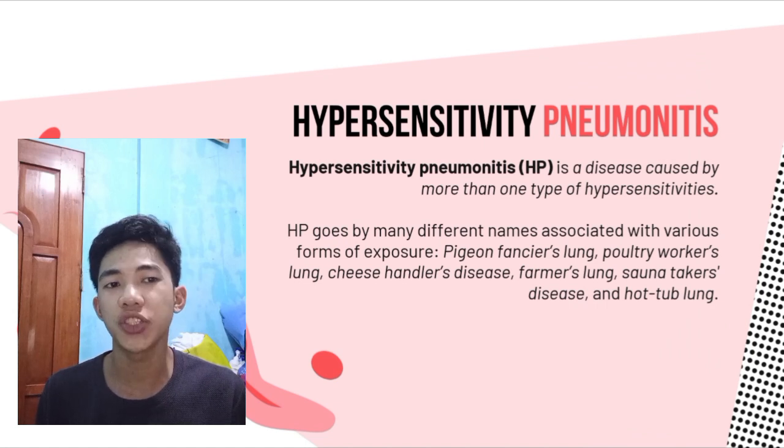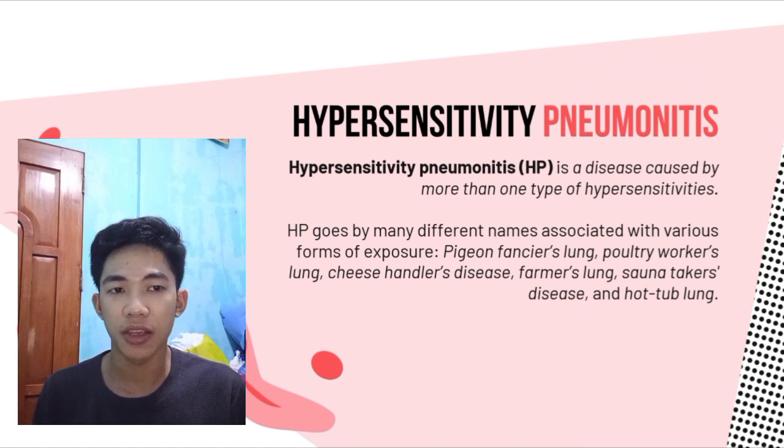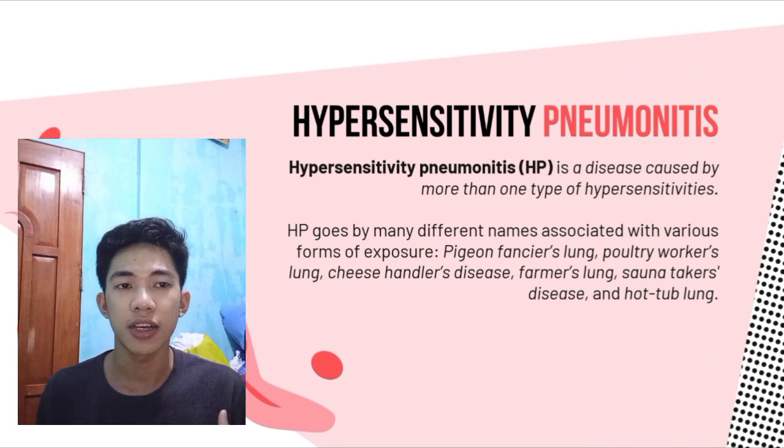We have fancier's lung, poultry worker's lung, cheese handler's disease, farmer's lung, sauna taker's disease, and hot tub lung. So these names of hypersensitivity pneumonitis are based on the setting or the environment where the individual acquired the disease.